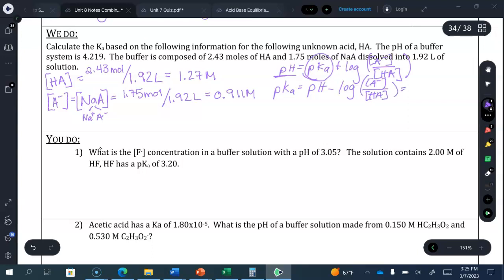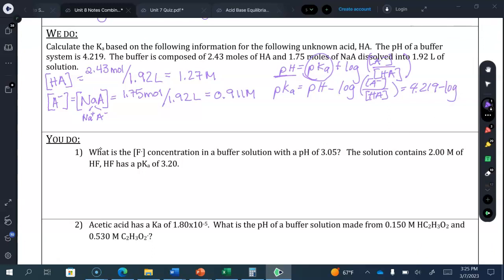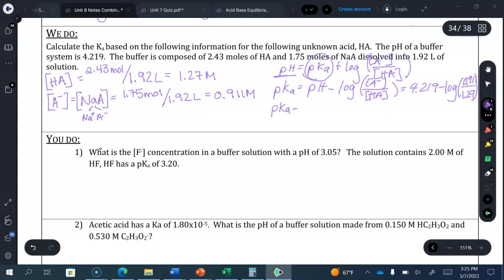Plugging in what we know, the pH was 4.219 minus log. This is kind of in the way, but we'll make it work. And this is 0.911 divided by 1.27. So when we plug this in, we should get that the pKa is equal to 4.333.